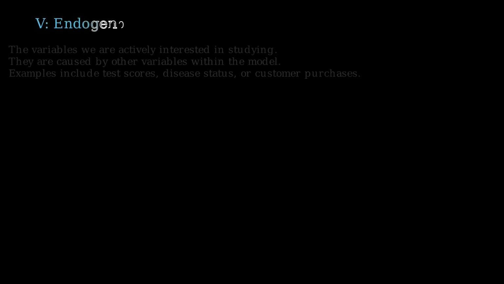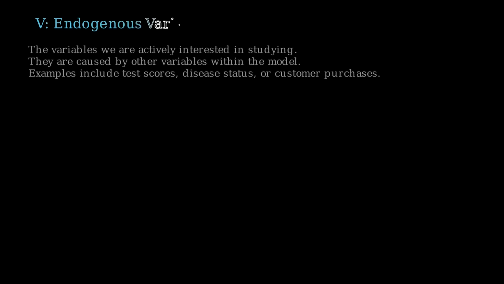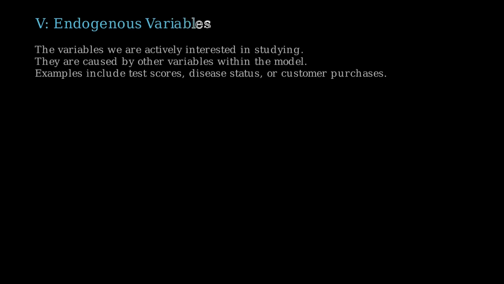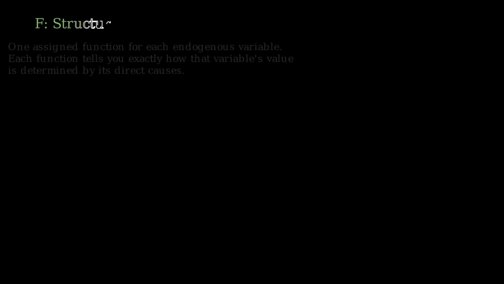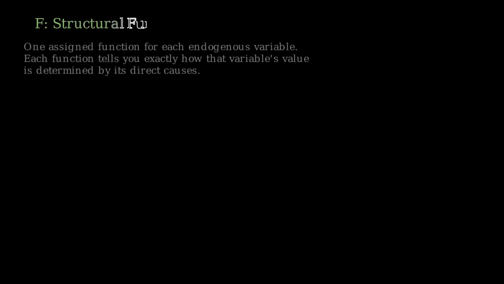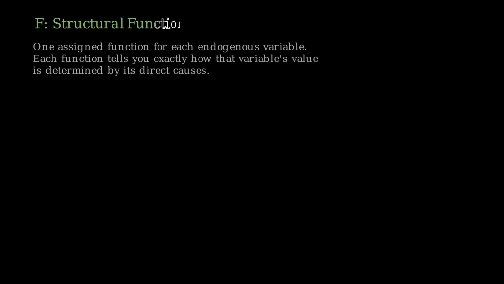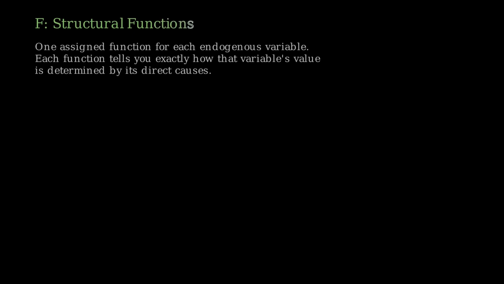V is a set of endogenous variables. These are the variables we are interested in, and they are caused by other variables inside our model structure. F is a set of structural functions. One unique function for each endogenous variable. Each function tells you exactly how that variable's value is determined by its direct causes.